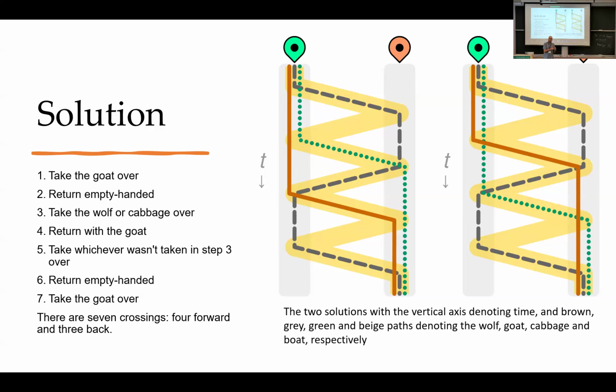Now it is not the wolf that eats the goat, it's the cabbage that eats the goat. It's purely a variable change, right? We just swap essentially the names of 2 of these items, or we change one of the rules, right?